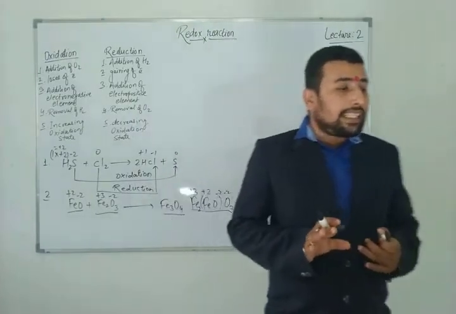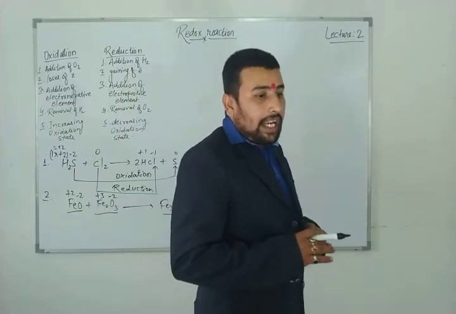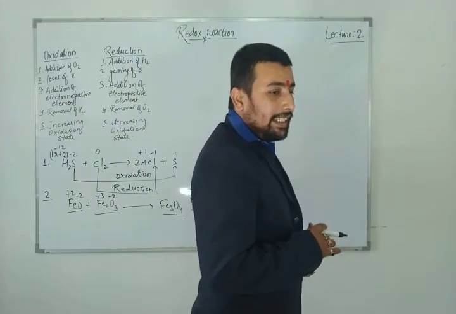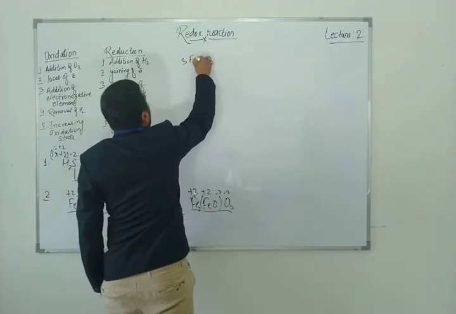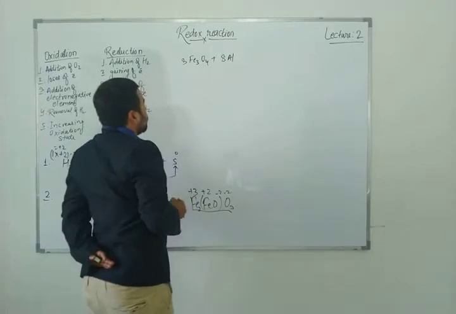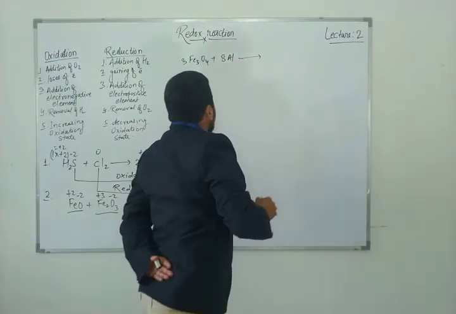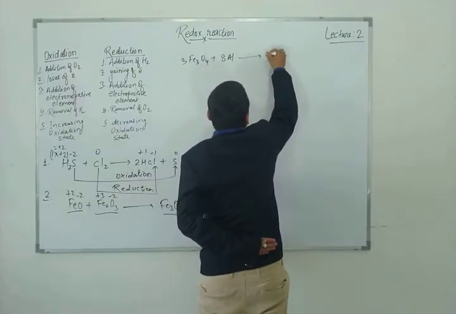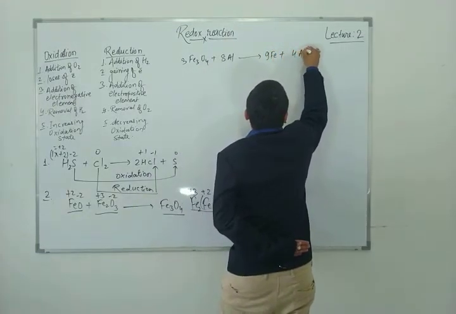But if anything is added to ferroferric oxide, like in your NCERT question: 3Fe3O4 plus 8Al, aluminum, gives 9Fe plus 4Al2O3.